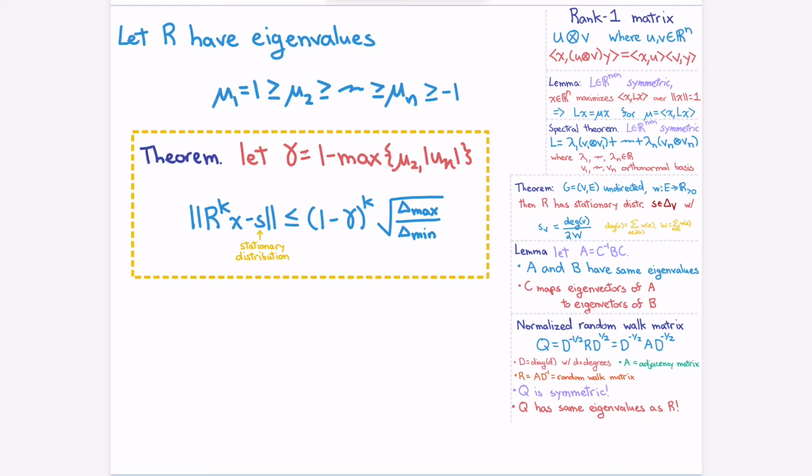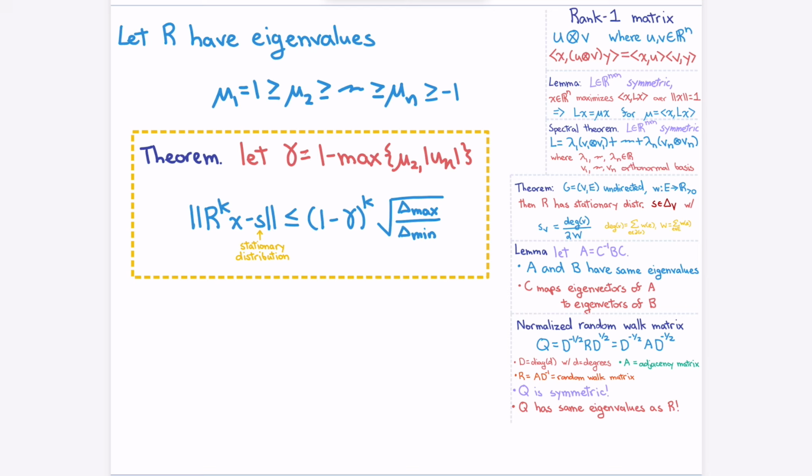So what's wrong? Also, we did the spectral theorem for symmetric matrices, not necessarily positive semi-definite. So what's wrong with the random walk matrix of an undirected graph? Why can't I apply the spectral theorem? Do we know if it's symmetric? It's not symmetric.